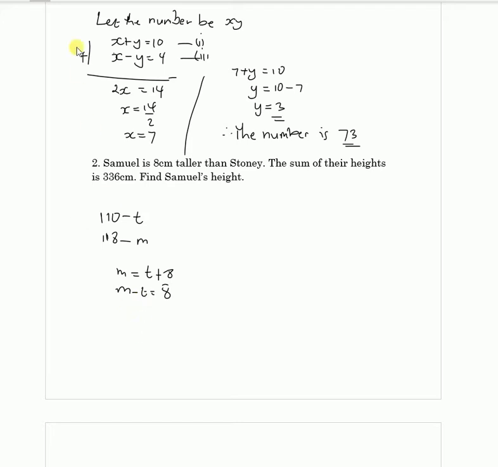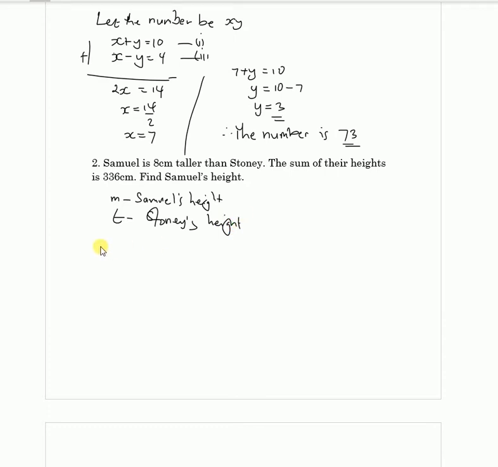So we are going to assume that I take M for Samuel's height, and then I take T for Stoney's height.